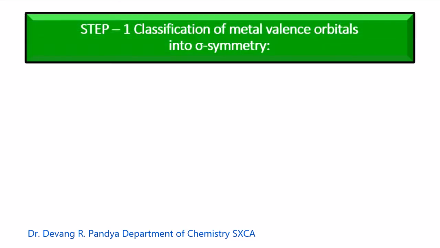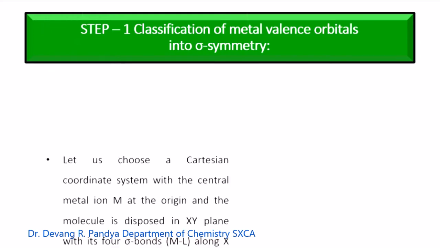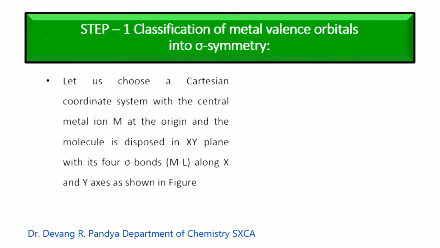Let's begin with step 1, classification of metal valence orbitals into sigma symmetry. Let us choose a Cartesian coordinate system with the central metal ion M at the center, and the molecule is disposed in the XY plane with its 4 sigma bonds, metal ligand bonds, along the X and Y axes as shown in the figure.